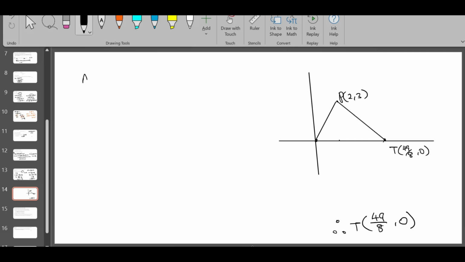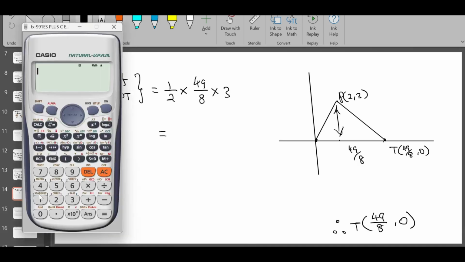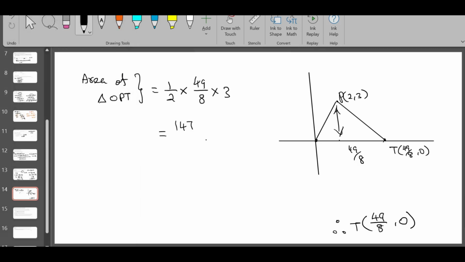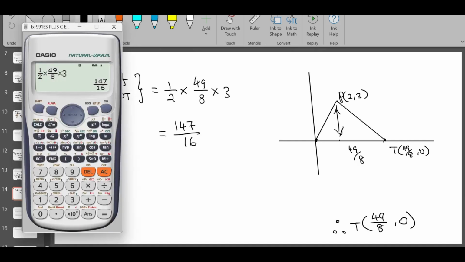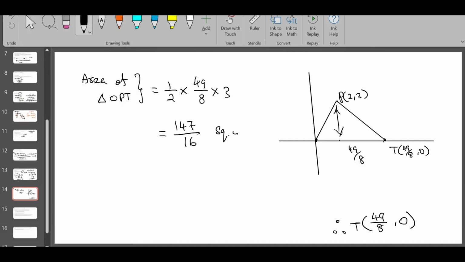So you can write area of triangle OPT is equal to half times the base of the triangle, which is 49 over 8, times the height, which is the y coordinate of P, which is 3. Half times 49 over 8 times 3 is 147 over 16 square units.